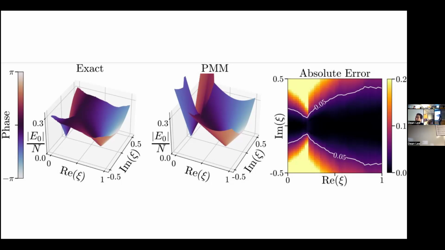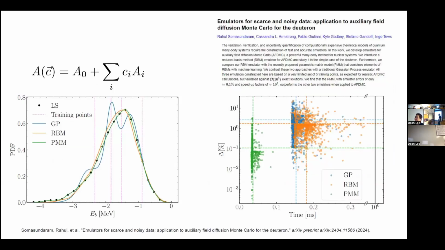Now, I don't know how good of a salesman I am trying to sell you these eigenvalues, but don't take it from me. A team from Los Alamos and friends implemented our method on the Deuteron versus the RBM method they use in Gaussian process.